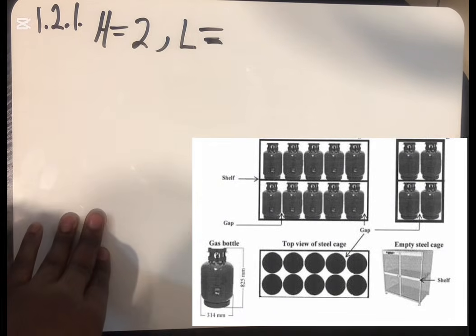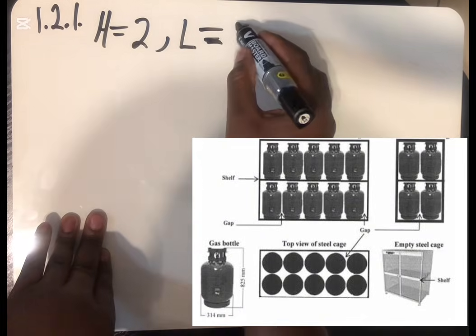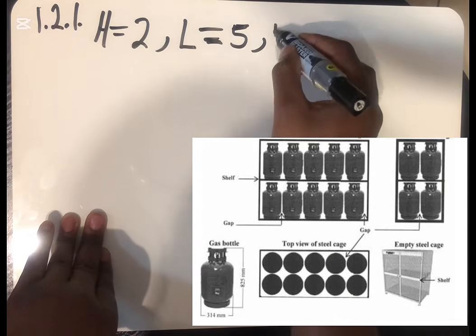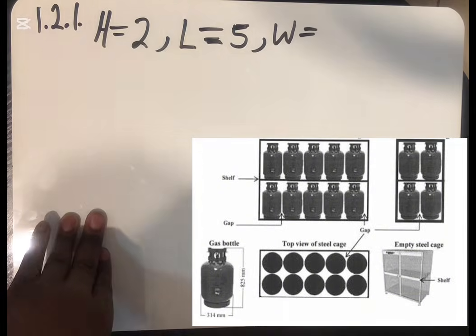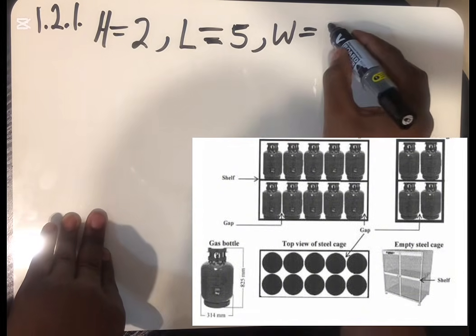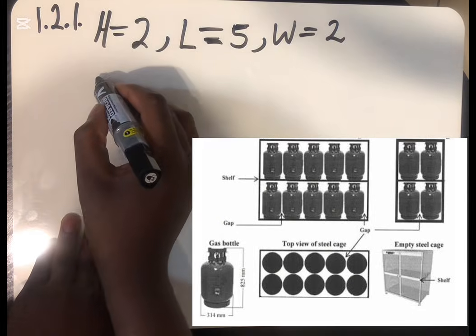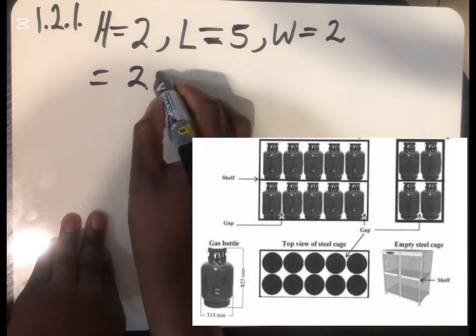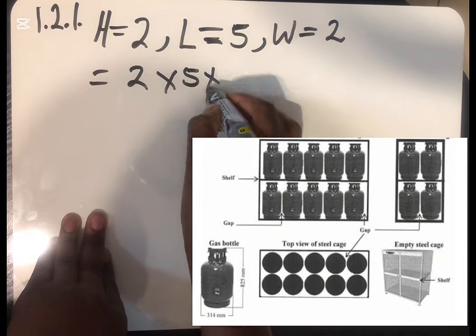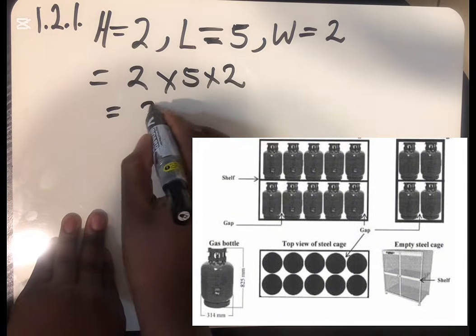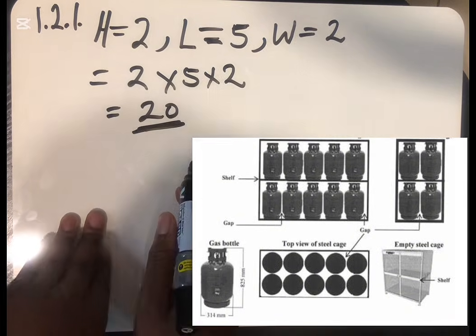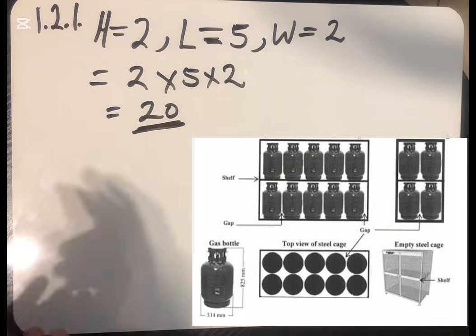We see 1, 2, 3, 4, 5. There are 5 in respect of length. In respect of width, there are also only 2. So the total is going to be 2 multiplied by 5 multiplied by 2, which is 20. We're going to have 20 then.